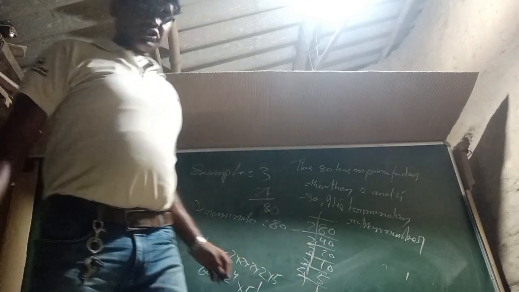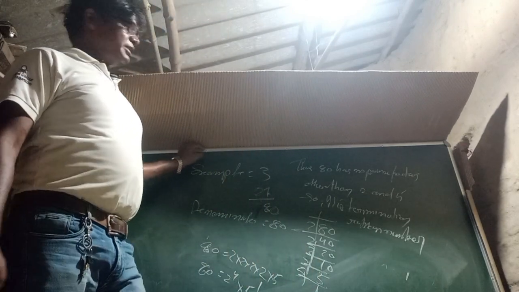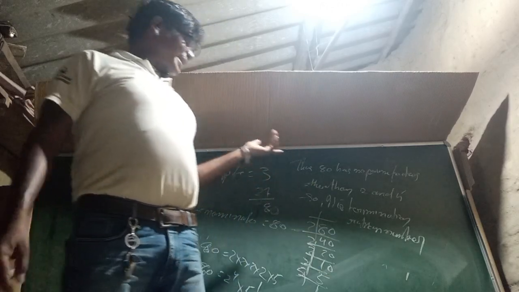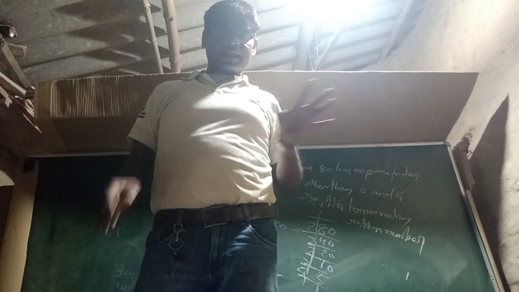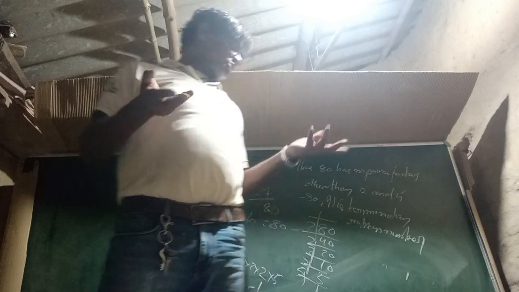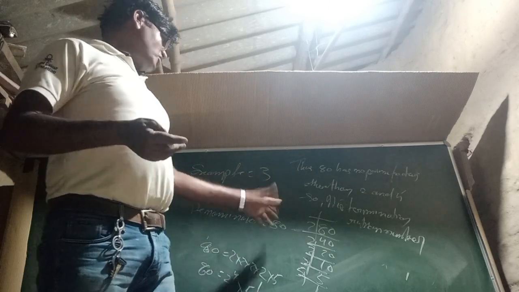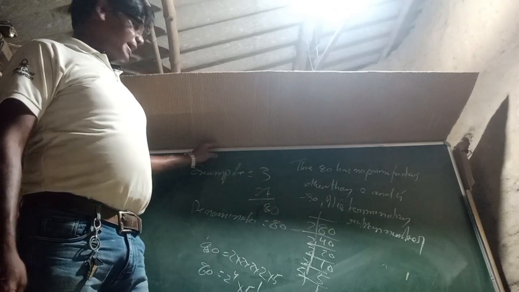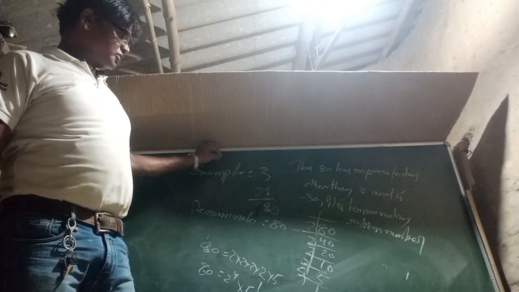So here we have studied a lot. That's how we calculate without doing the actual division. Without doing the actual division, we can observe which is terminating and which is non-terminating on the basis of the prime factorization of the denominator of the given rational number.